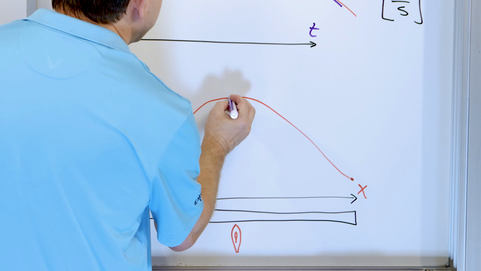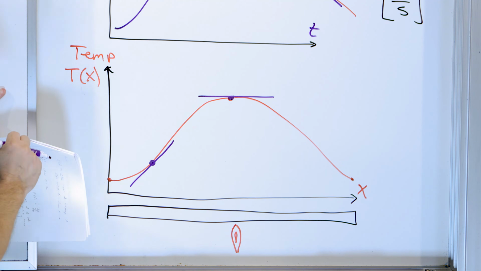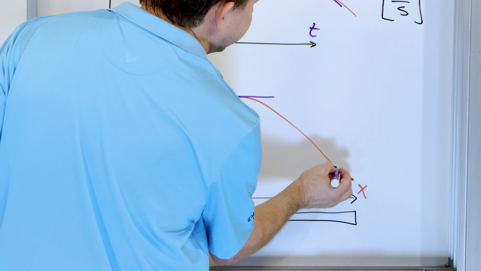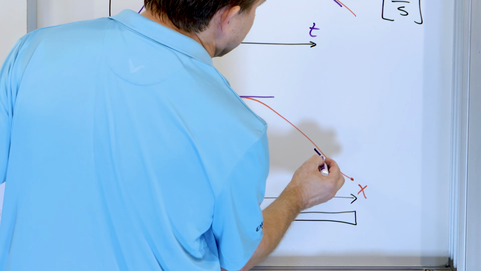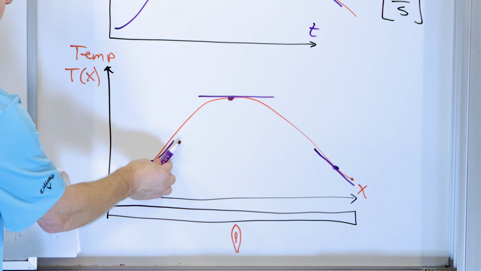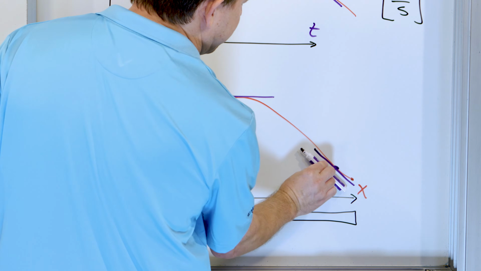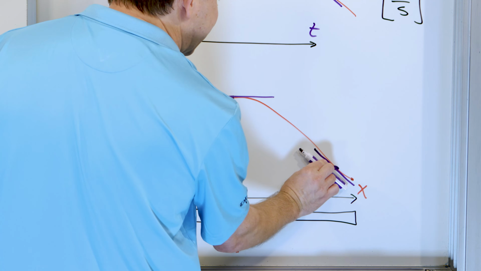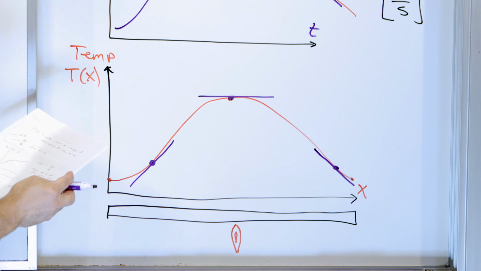At the very top, you would draw the line tangent to this point right here, and that would be the derivative. And what is the derivative over here at this point? You would draw a line tangent over here. This derivative will be positive because the slope is positive. This derivative will be negative because the slope of the line tangent is negative. This derivative will be zero because it's exactly flat right here, right?